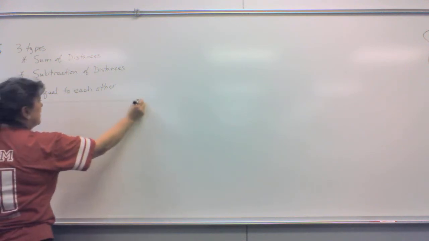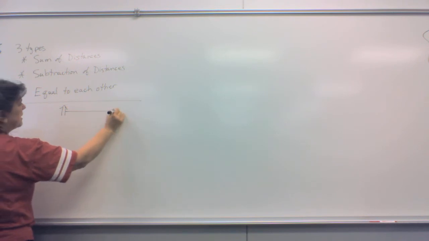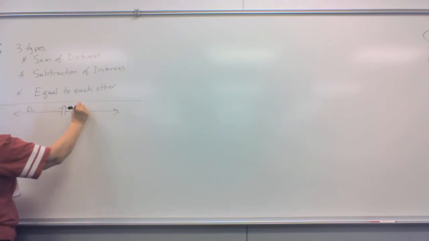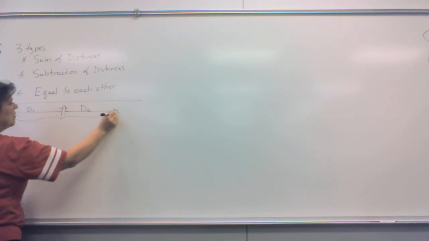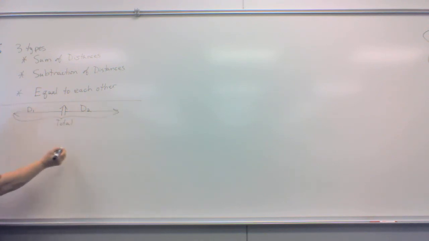The sum of the distance. If 2 people leave one place going in opposite directions, the distance of this person and the distance of this person is going to equal the total distance. This one is done with 2 different things.